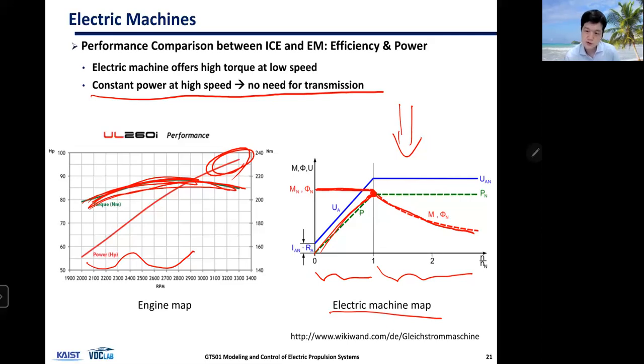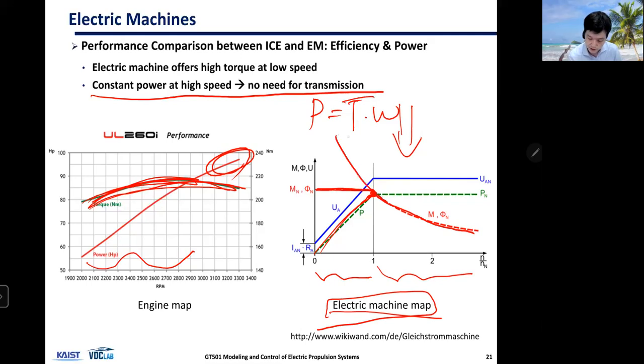So as a mechanical power source, electric machine is close to ideal, meaning that we can't do anything about power, from energy conservation law, right? But torque and speed, so if you draw a constant power line, this is the maximum ideal torque we want for a given motor, whether it's an engine or electric machine.